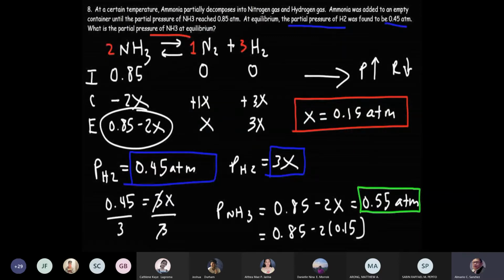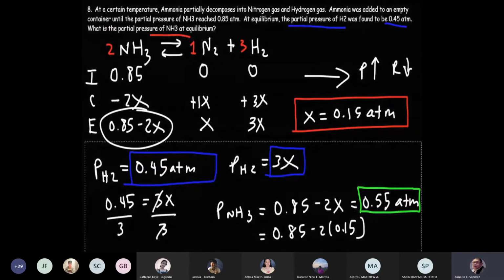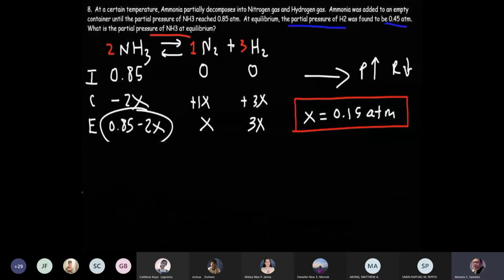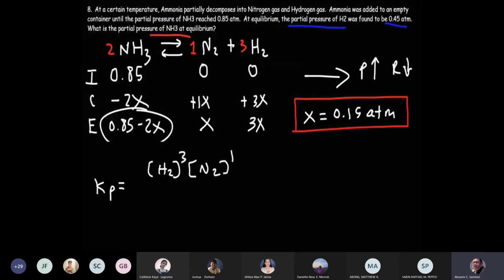And if we want to, we can calculate Kp for this entire process. So Kp is going to be H2 raised to the third power times N2 raised to the first power divided by NH3 to the second power.